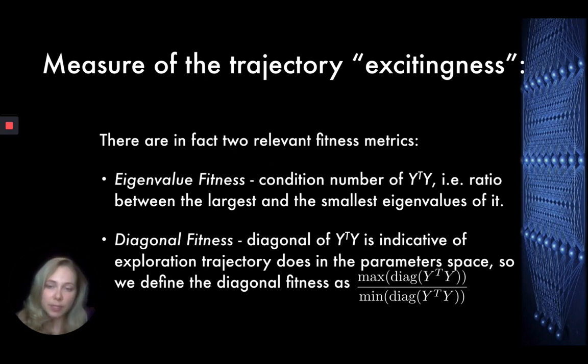The other one is diagonal fitness, and that's the diagonal of Y transpose Y, except here it's the maximum divided by minimum. So again, if you imagine the inertial parameters spread out in a space as a ball, that's how big it is, intuitively.